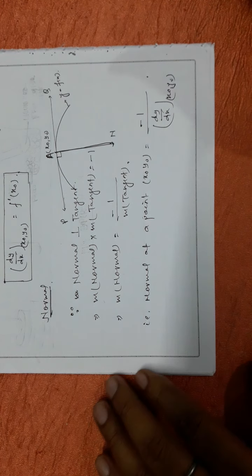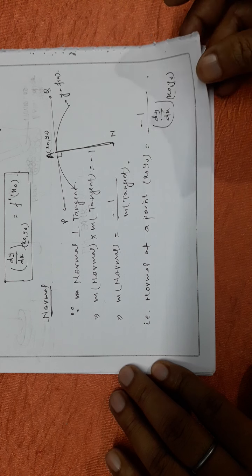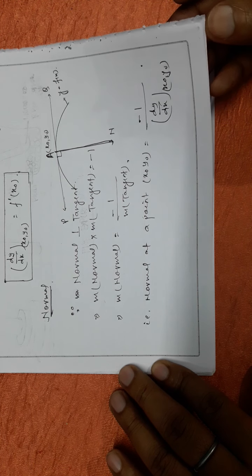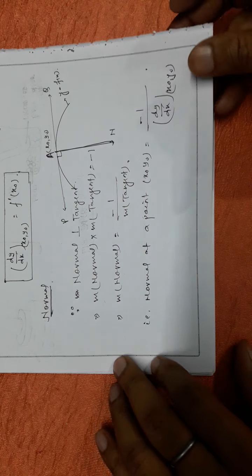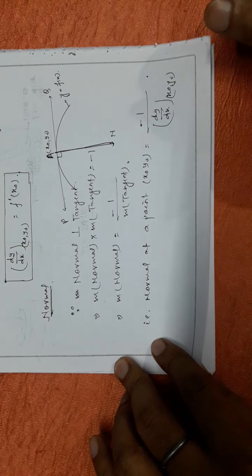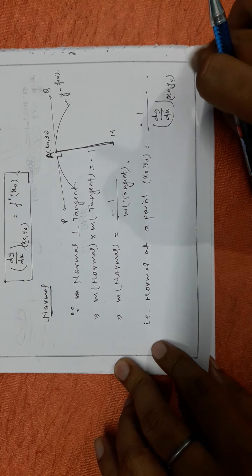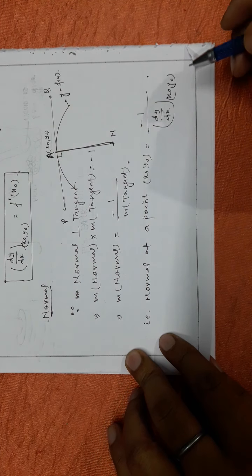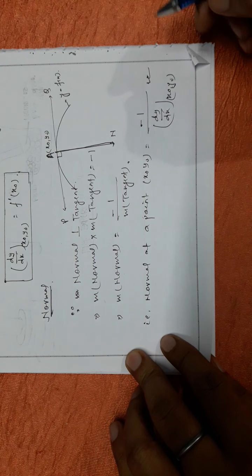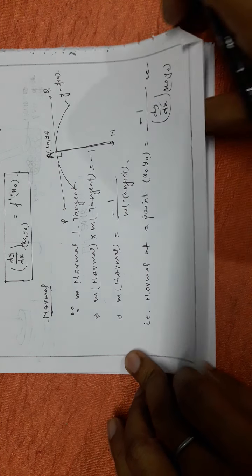It means if you want to find the normal at a point on the curve, first we differentiate to obtain dy/dx, then we take the negative reciprocal of it to get the normal at the point (x0, y0) on the curve.